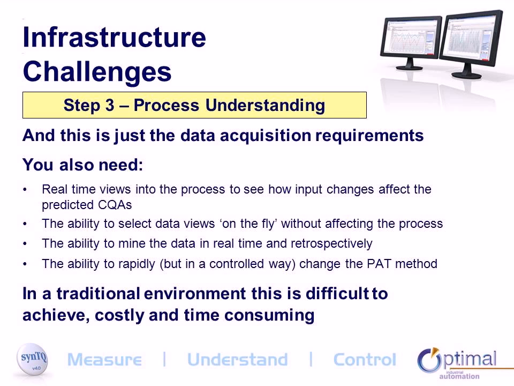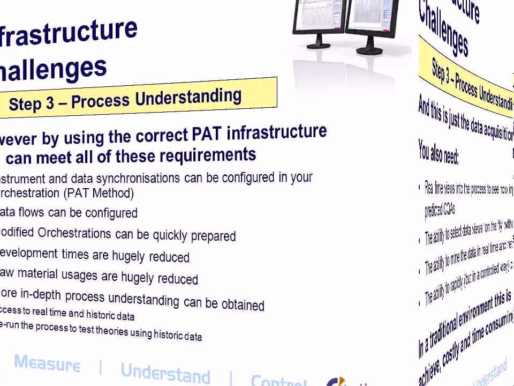You need the ability to mine the data in real time and also retrospectively, and the ability to rapidly, but I must stress in a controlled way, change your PAT method as your ideas develop and grow. Using a traditional technique, this is hugely time consuming, very difficult to control, very difficult to document.